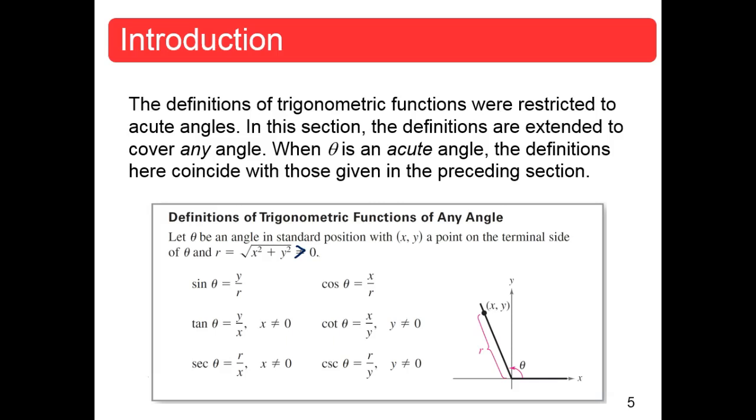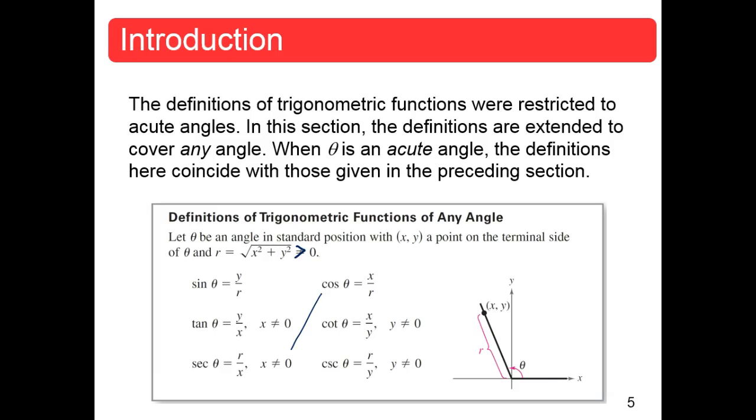Secant is r over x. Remember, that's the reciprocal of cosine, so the reciprocal of that is r over x. So r is always positive, x can be either positive or negative, and of course x can never be 0 for a secant, just like it can't for a tangent.